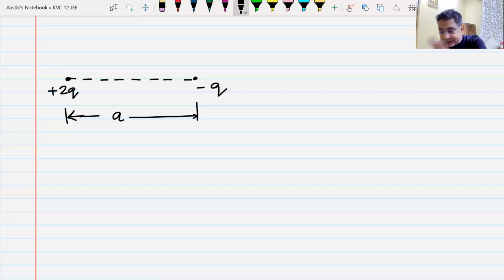Okay. Chalo. Having said that, can you find a point where the potential is zero? And you have exactly 2 minutes to do it. And it should not take rocket science. This is electrostatics. We're not dealing with rocket science.